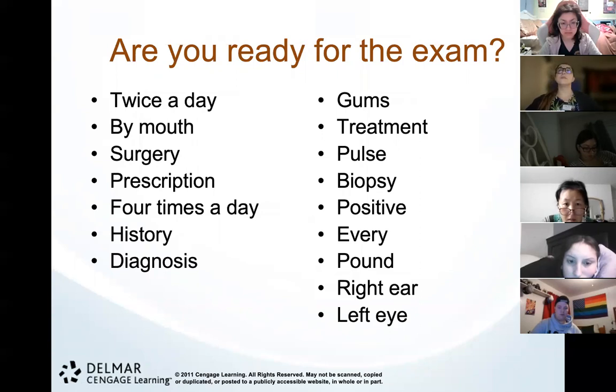Yeah, so it's going to be Q. So every is Q. So if I said give the medication Q8 or Q8H, that would be every 8 hours. So Q is every. And then we already know this, pounds is going to be LBS or the pound symbol. What about right ear? What's my abbreviation for the patient's right ear? Their right ear.